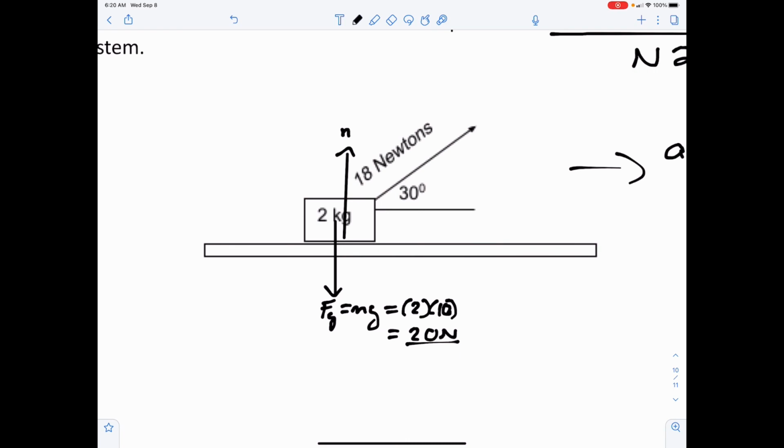So the two upward forces are going to balance 20 newtons, not just the normal force. You'll see in just a second. We have friction opposing our motion, right? We're moving to the right, so friction is going to the left. And the friction equation is mu times normal force.